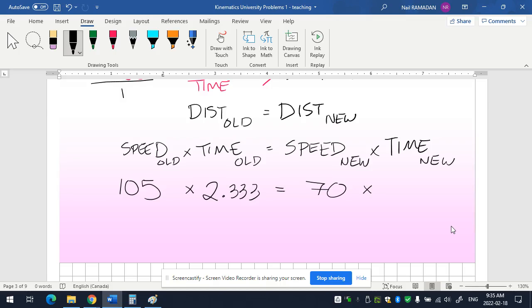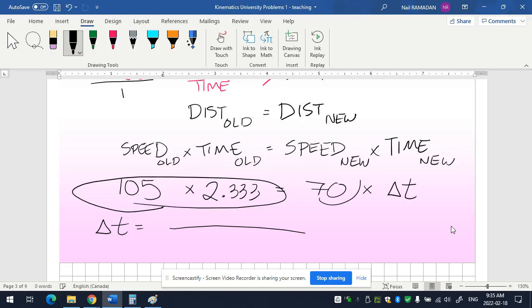Lowercase t. But do you remember what I said yesterday in the video? I don't like to use t by itself. I always call it delta t. I never calculate an instant, I calculate an interval. So delta t, and you can call it delta t new if you want, but it's the only thing we don't know. So delta t equals what? Nothing. Just multiply those two and divide by this guy.